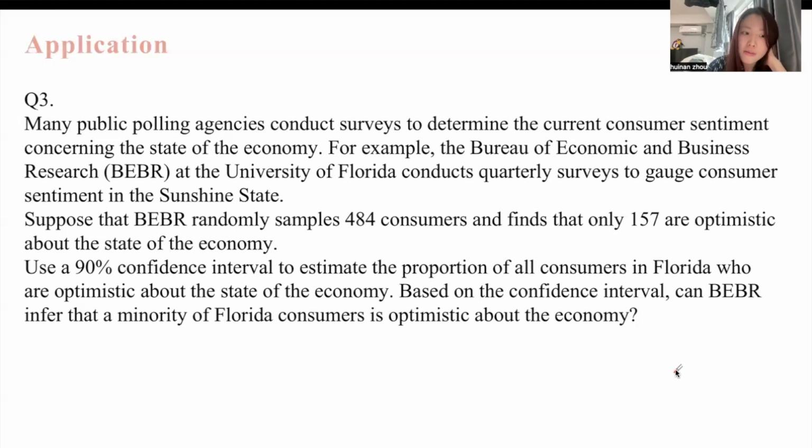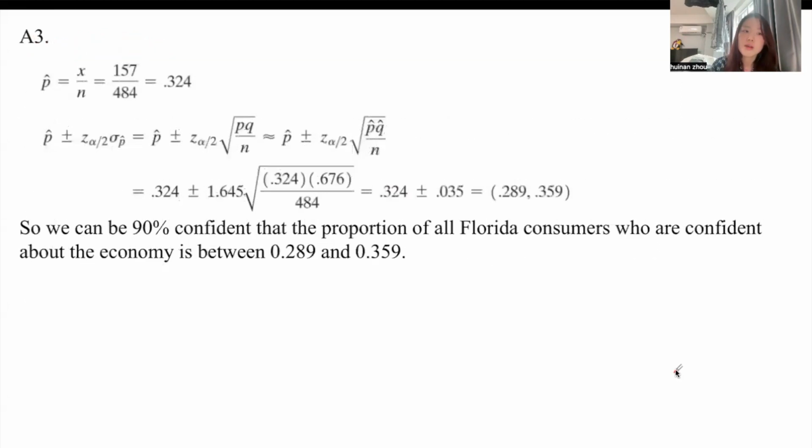So with a 90% confidence level, we need to find out whether the minority of Florida consumers is optimistic about the economy. So firstly, we need to use the data from the sample to calculate p-hat. Then we can put p-hat into our formula to calculate the confidence interval based on this 90% confidence level.